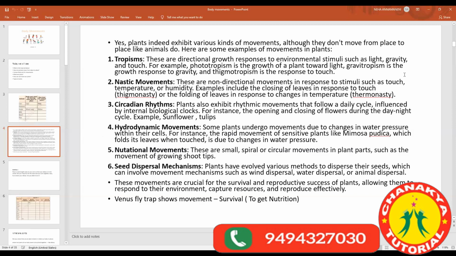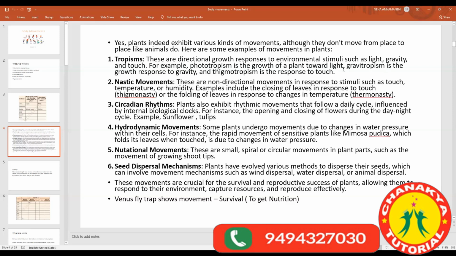Then it's gravitropism, the growth response to gravity. Some plants do respond to gravity, such as roots growing towards gravity, right? Yeah, that's an example of gravitropism. Then it's thigmotropism, the response to touch.